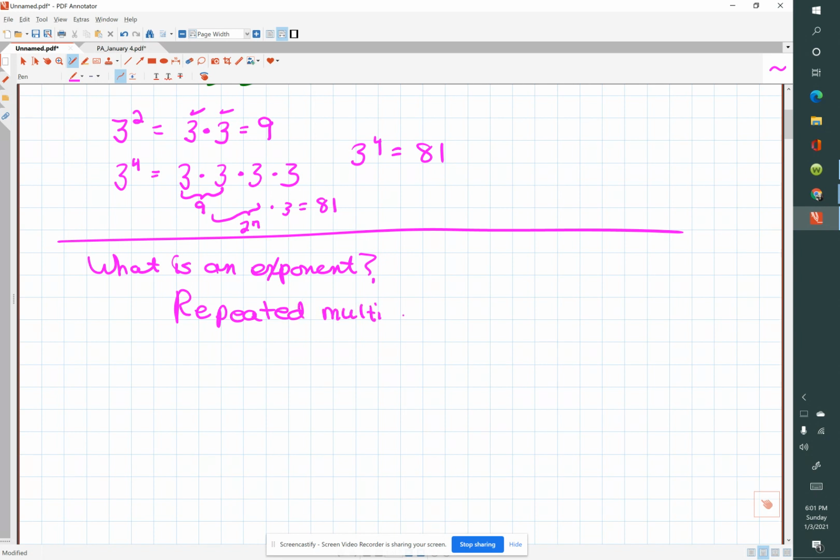I hope you're writing this on your paper in your notes somewhere. And what are we repeatedly multiplying? The base. And we say the base is multiplied by the number of times in the exponent.